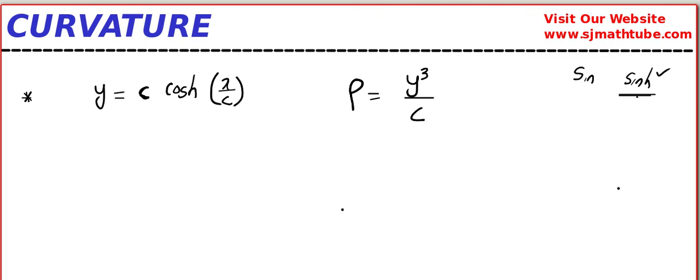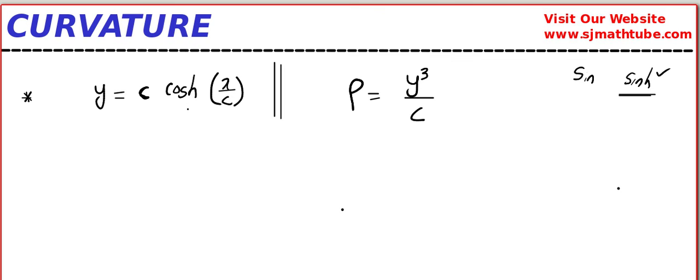So I'll repeat, if you want, you can read this as kosh, shine, koshake, sheik, tan, etc. Now if you don't want to be funny in the class, you can simply read this as cos hyperbolic x by c.